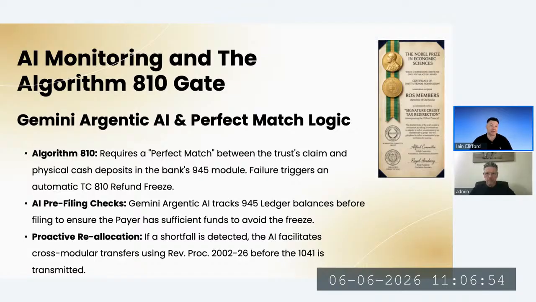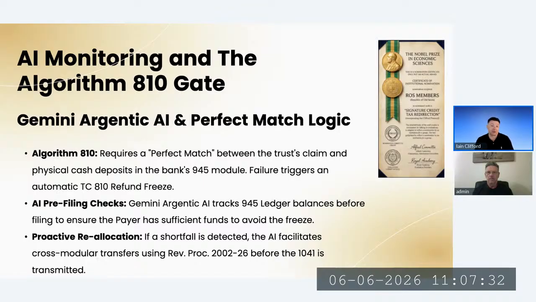So the 810 algorithm that the IRS employs makes sure that everything lines up, all the credentials line up, there's enough taxes paid, the foreign grantor trust is a holder in due course, it is entitled to the tax redirection, and there's enough taxes already paid on the 945 tax module to redirect them to all of the grantor trusts that have already filed that 1099 OID.